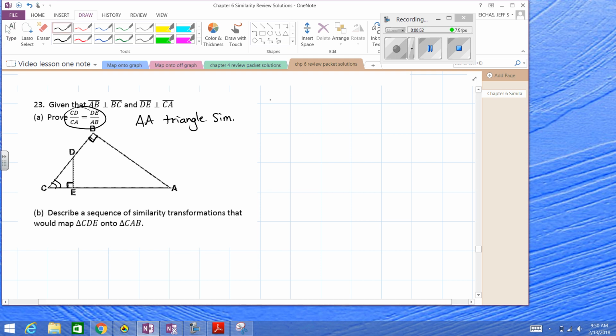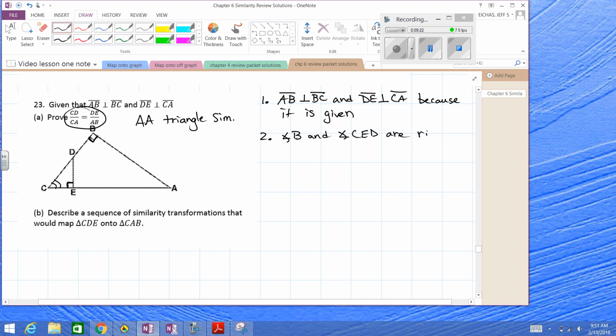So step 1 in this proof, remember I'm after the right angles being congruent. So what I want to say is I need to use this perpendicular. Now this is true because it is given. Now the move I'm going to make is I'm going to say angle B and angle CED are right angles because perpendicular segments form right angles.